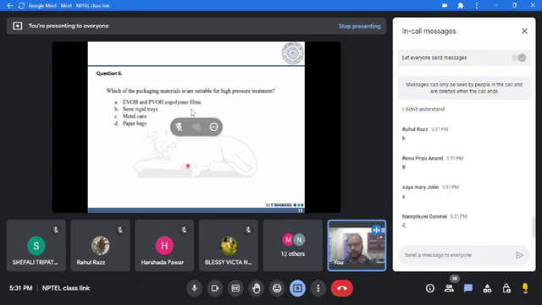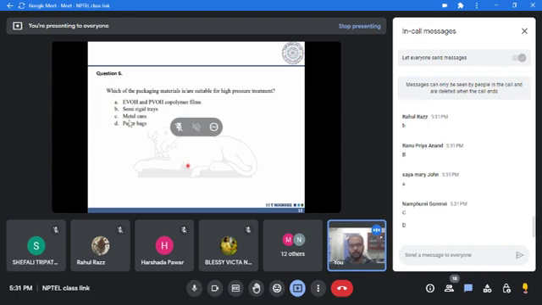Okay, which are the packaging materials suitable for high pressure treatment? Metal cans, semi-rigid tray.